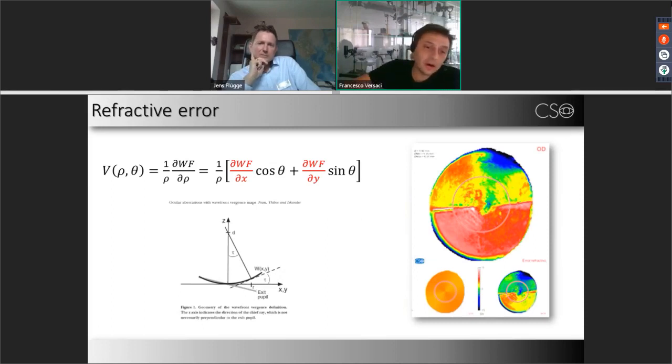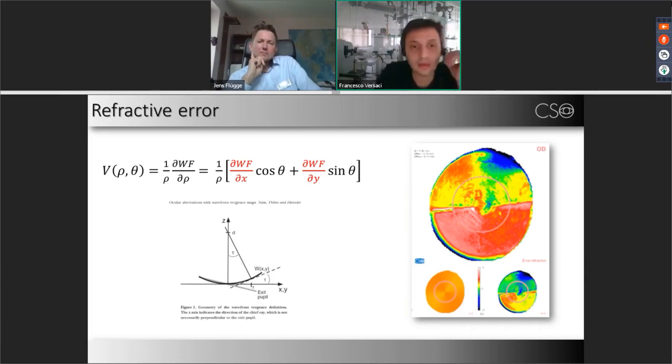Refractive error. According to the Nam, Tybos and Iskander publication, a good definition of divergence, so now in our case the refractive error, can be retrieved by means of this formula. And we can see that this formula is actually showing as a main term the derivative of the wavefront along x and y.